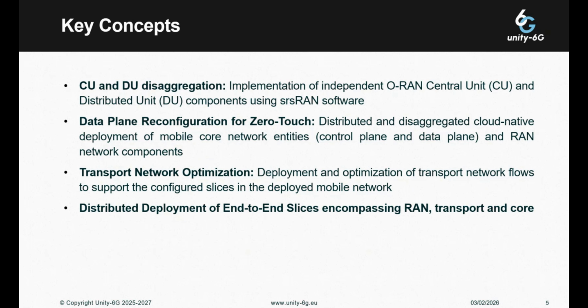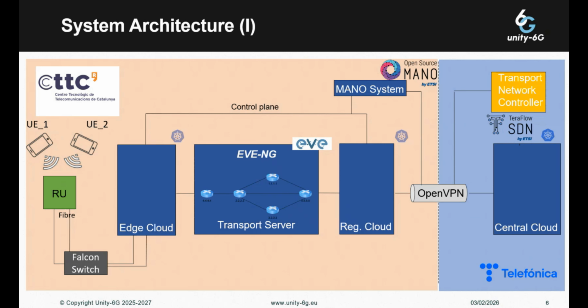Then we performed transport network optimization by deploying the transport network flows in the slice mobile network, following the requirements that were requested. And for the final point, deployment of an end-to-end slice, checking what is needed in RAN, in transport, and core.